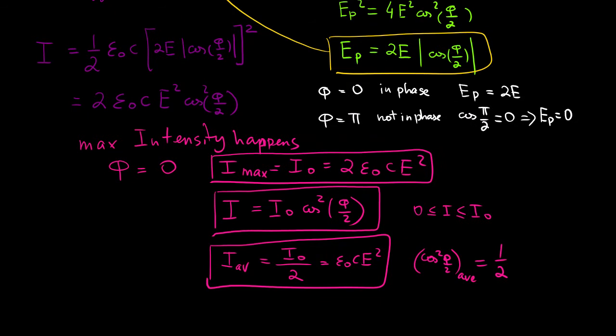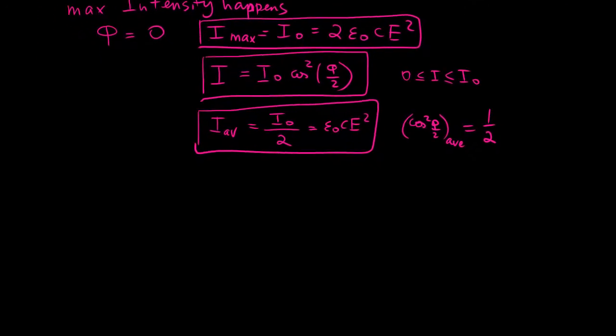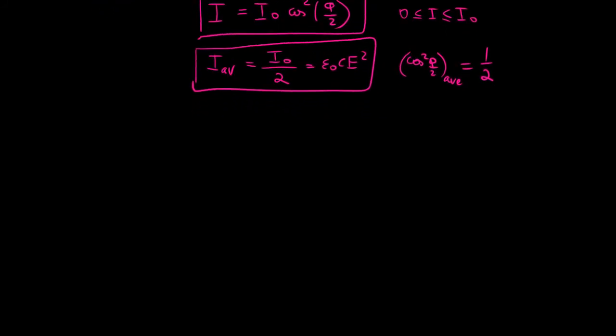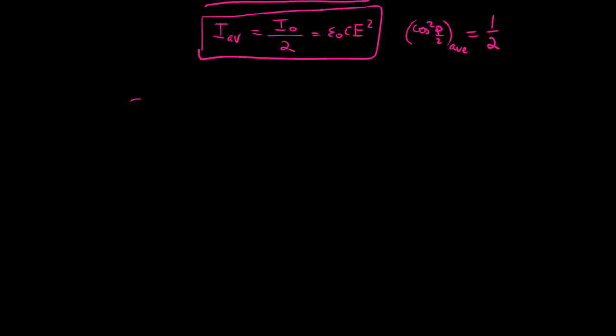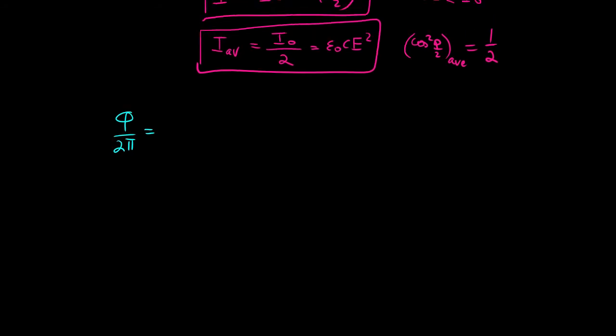Now, going back to the phase difference between the two fields at any point P, where we said phi over 2 pi equals d sine theta over lambda, or we could write path difference delta r over lambda.